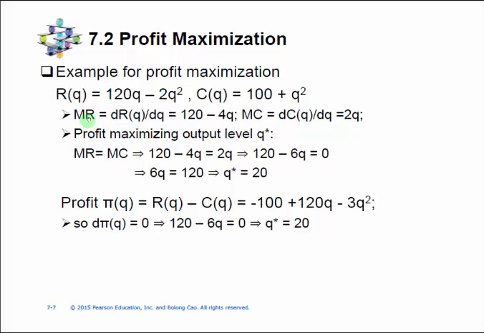Now we have the marginal revenue function equal to 120 minus 4Q, and the marginal cost function equal to 2Q. Now we are ready to maximize.